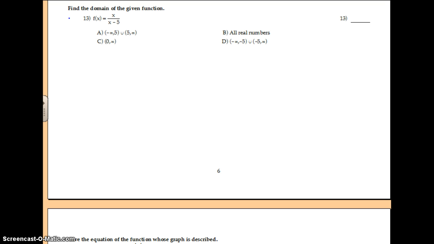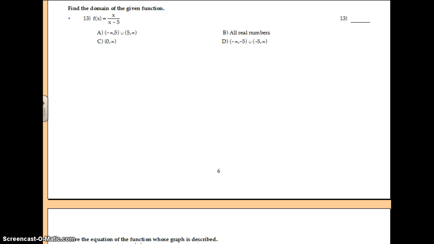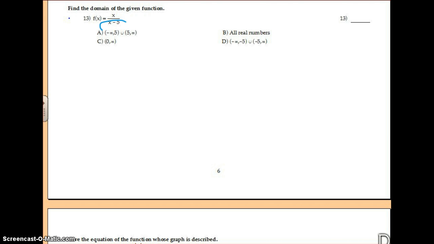And that's when we have a value for x that allows the denominator to be 0. So I'm going to take the denominator, x minus 5.